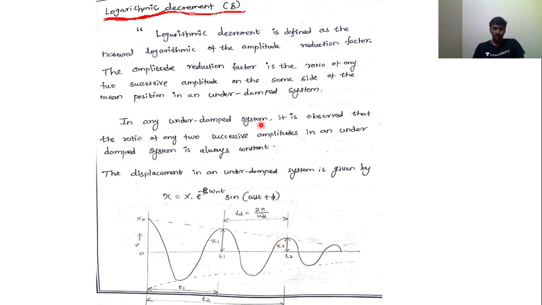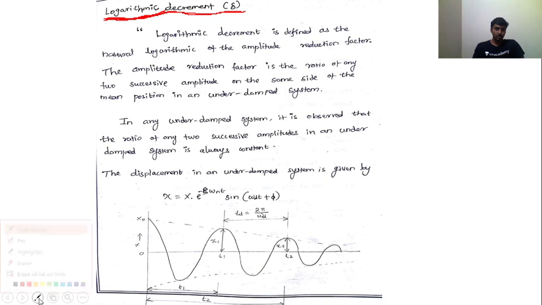In any underdamped system, it is observed that the ratio of any two successive amplitudes is always constant.